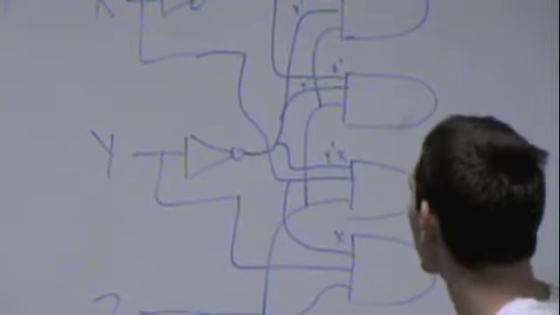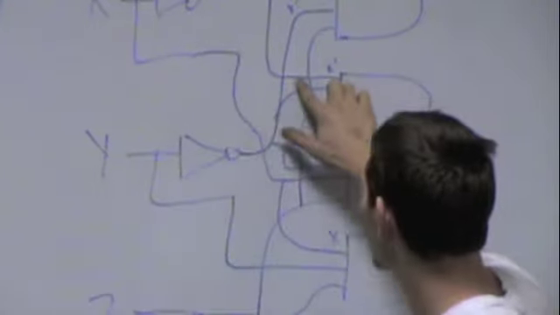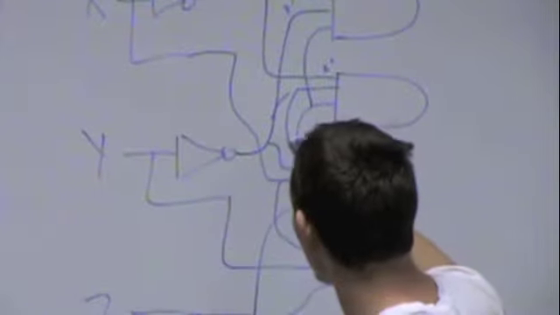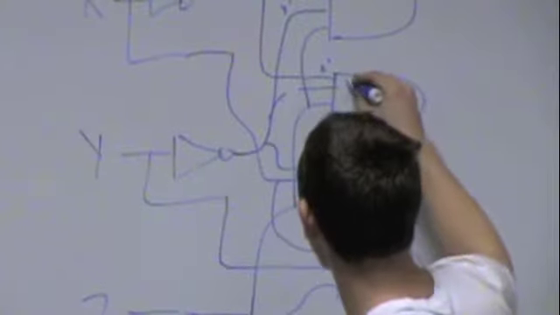Nope, I drew it wrong. This one's not Y prime. Oh, screw it, I'm not going to draw it. This one's Y. And this one's Y. And then Z is all of them. There's no not Z's. So despite my crude drawings, we can take these and extrapolate them.